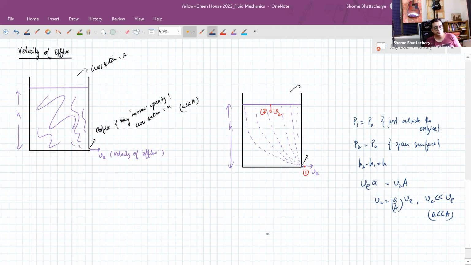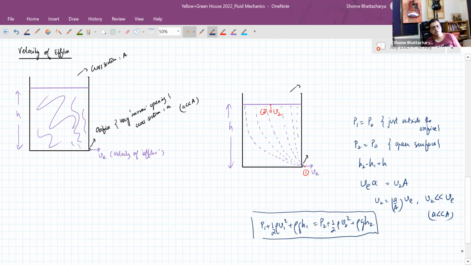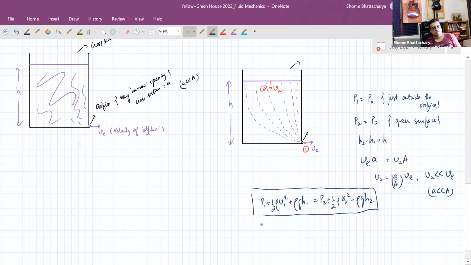Now applying Bernoulli's equation, P1 plus half rho V1 square plus rho g h1 is equal to P2 plus half rho V2 square plus rho g h2. Now in this equation, we will substitute all this information that we have written here, that P1 is equal to P2, equal to atmospheric pressure. Okay. Rho g (h2 minus h1) will be equal to rho g h.